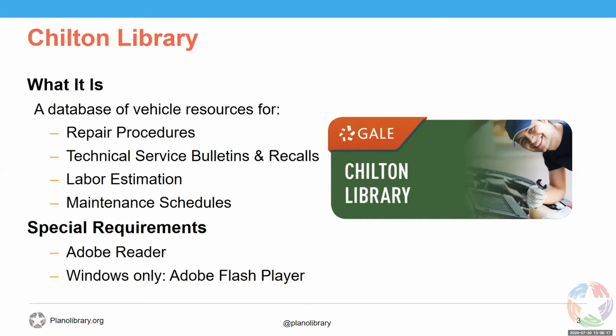So special requirements: the bulletins, recalls, and a few of the images are viewable only through Adobe Reader, which is an app that you can easily download. It's free. And then on Windows computers, Adobe Flash Player is going to be necessary for some of the animated features, like an animated guide on how to do a repair. So I'm going to switch over and give you a little demonstration for that. Just one moment.